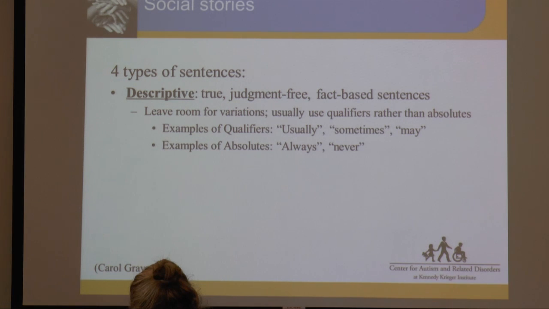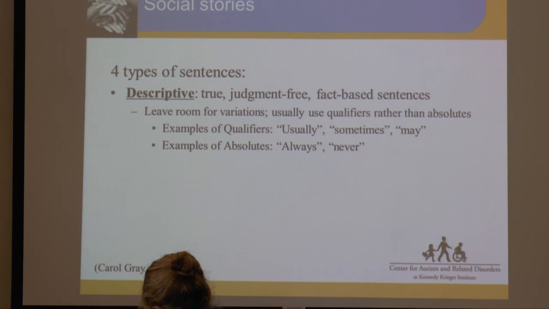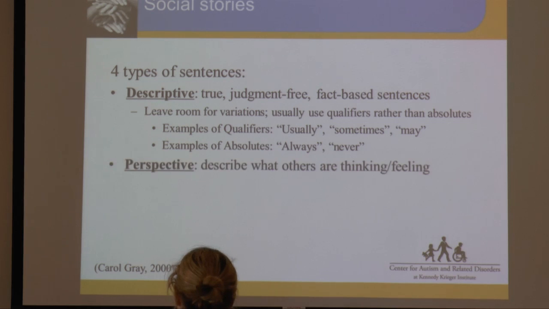You say things like usually, sometimes, may, as opposed to always and never, which are much more absolute. Putting the usually and the sometimes in there leaves room for kids to know, I may need to adjust in this situation.